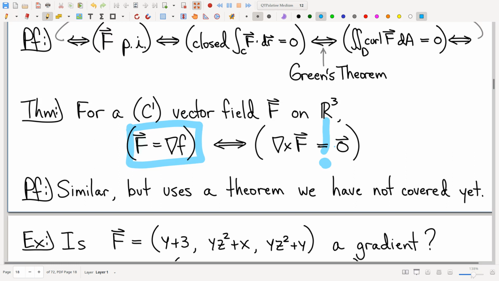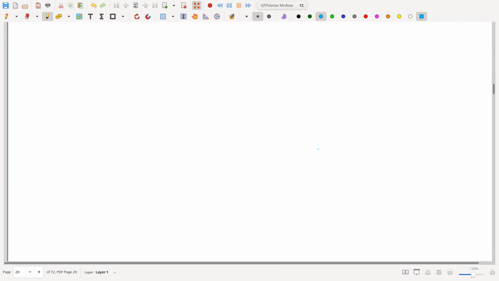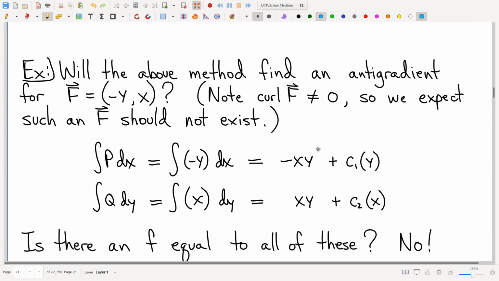So there are some vector fields, like this one, that are not a gradient. And if it is not a gradient, when we look for an anti-gradient, we better not find one. Right? That'd be bad, right? If our little anti-gradient game produced anti-gradients that aren't anti-gradients, that would be bad.